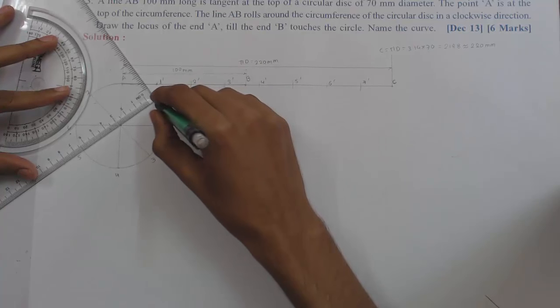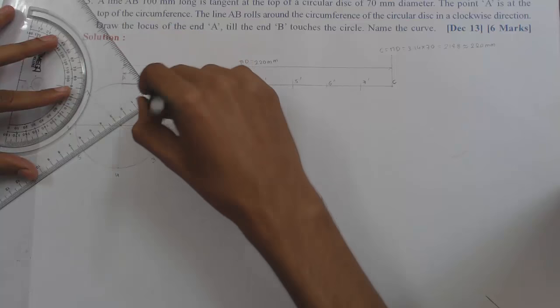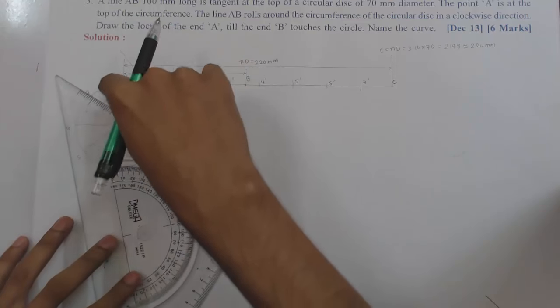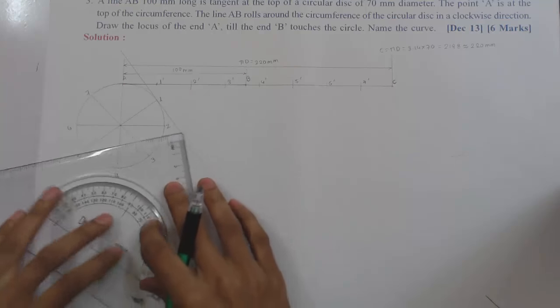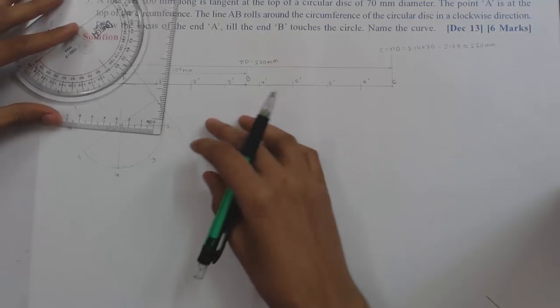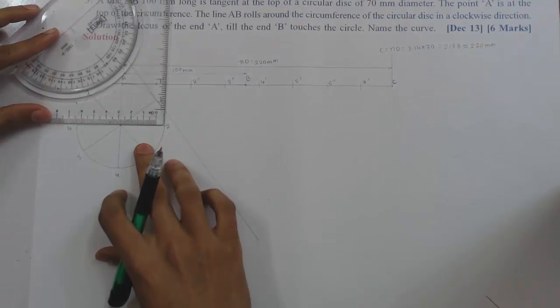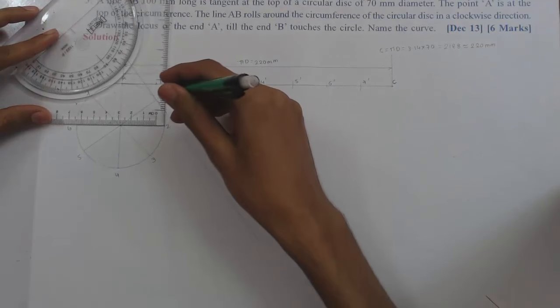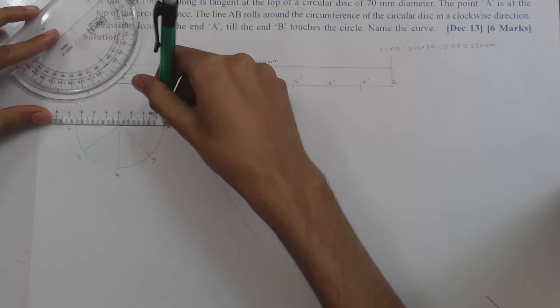I will produce that tangent on the side of A, because A will be rotated in this direction. So again at 2, I need to produce the tangent in the upward direction for marking A, and B will be in the downward direction.